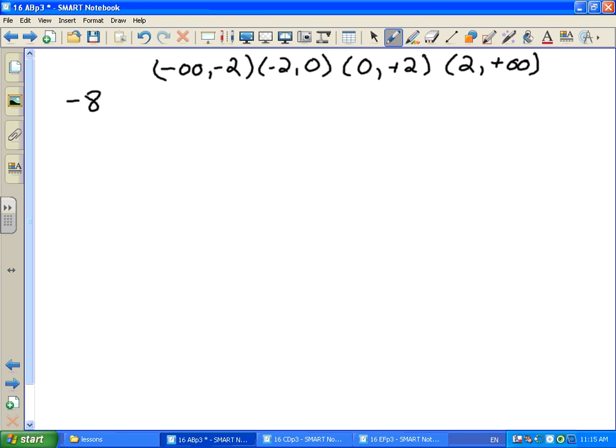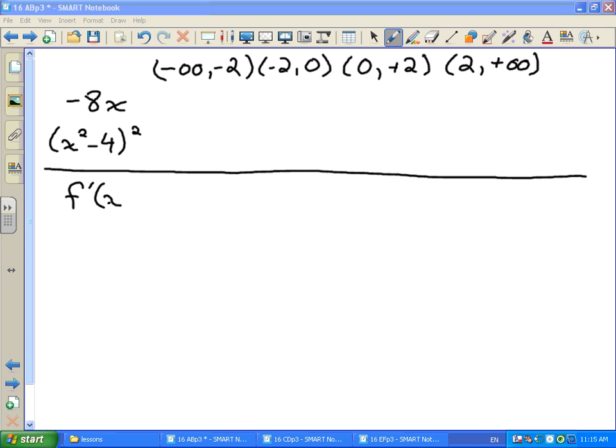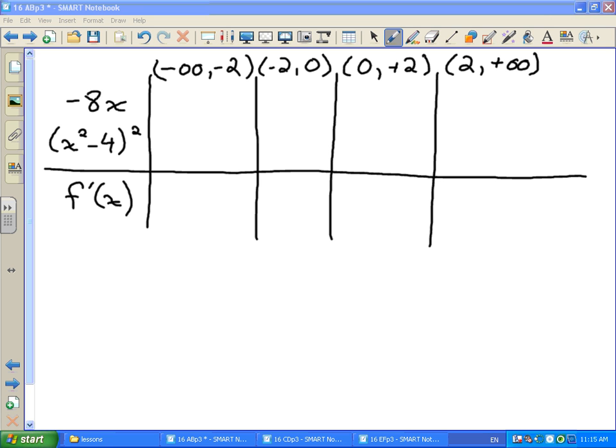So we had a negative 8x in our numerator, and we had an x squared minus 4, squared in our denominator. And what we want to find out is, in total, what is the sign of our first derivative? So I'm just going to draw some little lines here for our table.